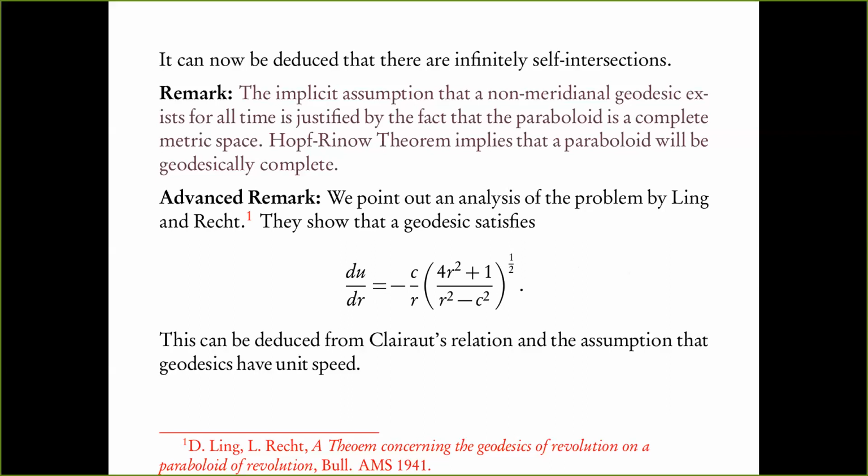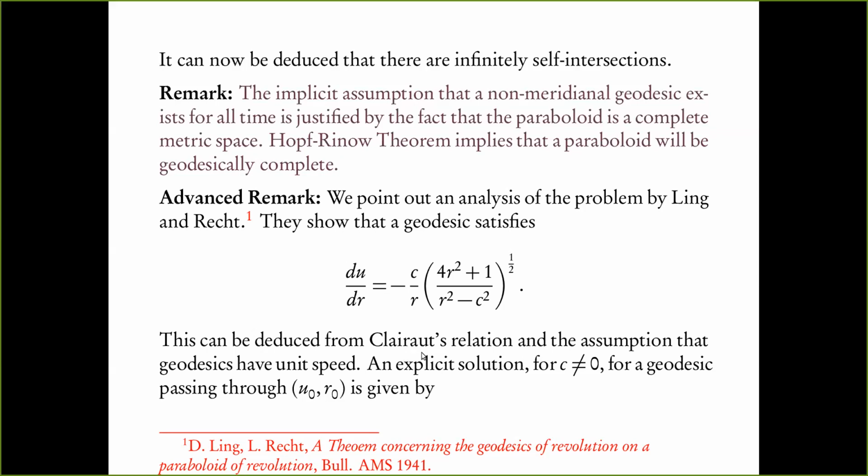Well, as I said, this can be deduced from Clairaut's law and the fact that geodesics have unit speed. So it's not something substantial for a paper. So what did they do? They found an explicit solution for a geodesic, of course for c non-zero, because we don't care about meridional geodesics, for a geodesic passing through u0, r0.